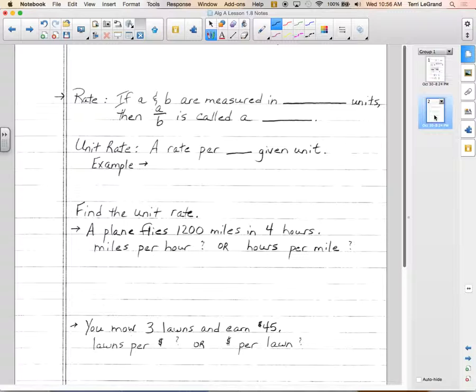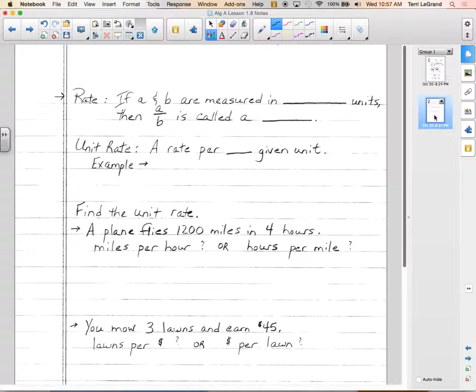Let's talk about rates. A rate is really a ratio, okay, first of all. It started out as a ratio, I should say, but then we're going to divide it out, and it can be a whole number, it could be a decimal, it doesn't necessarily have to stay as a fraction.